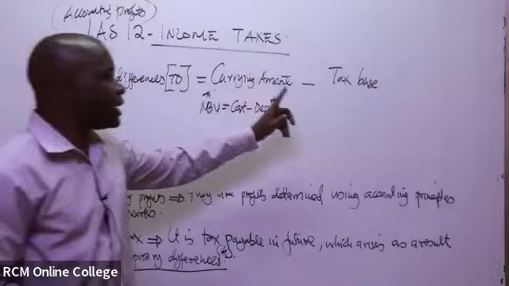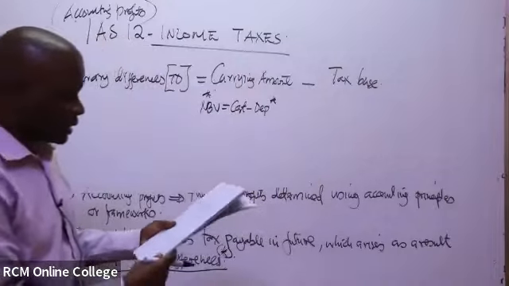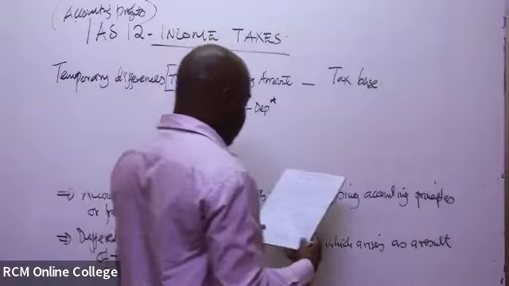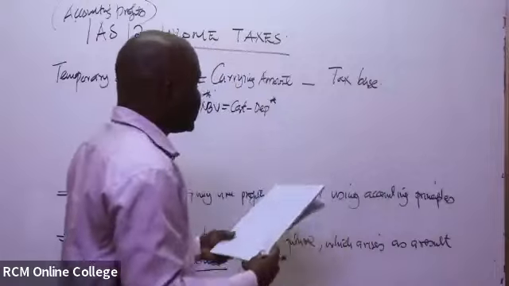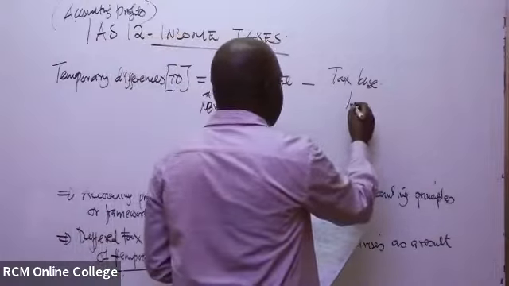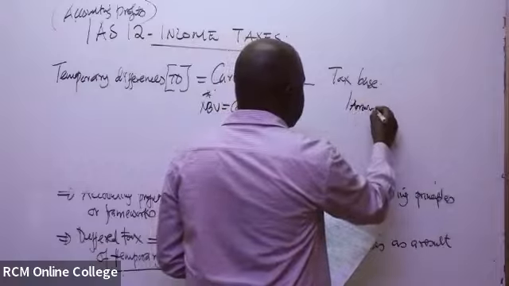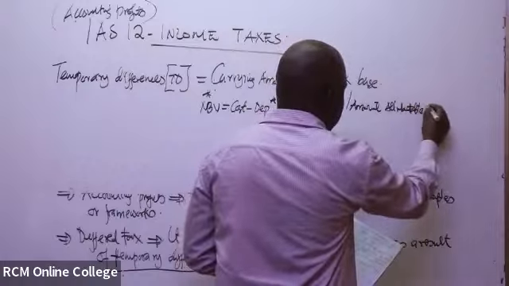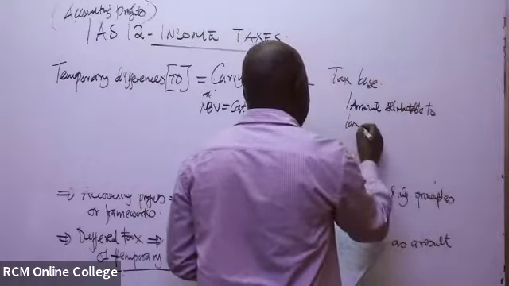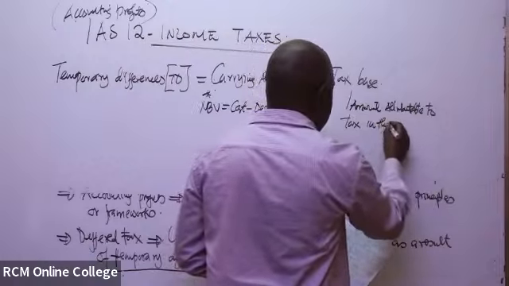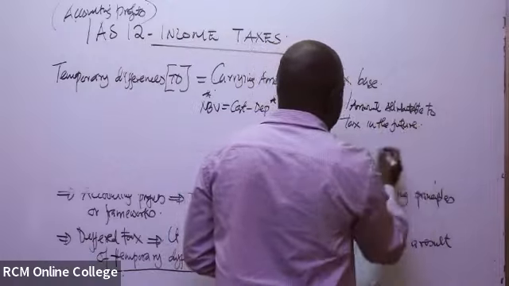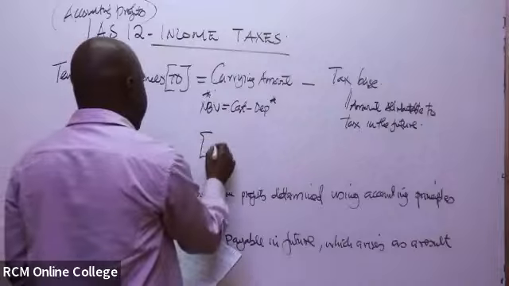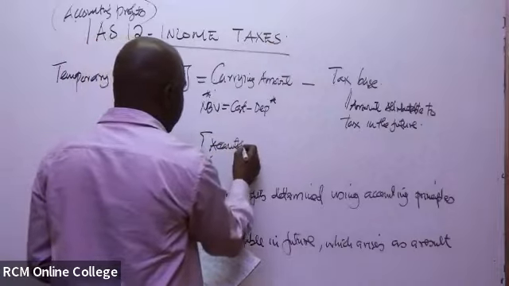But now you have to minus the tax base. This tax base will likely be determined by the taxman. It is the amount attributable to tax in the future. The carrying amount is determined by the accountant as he prepares his books of accounts.